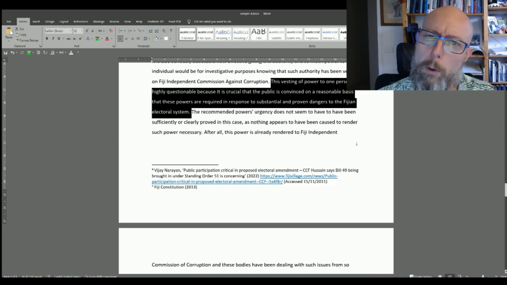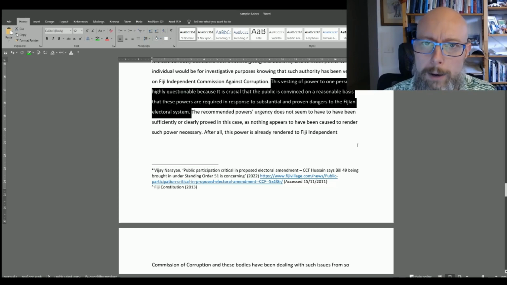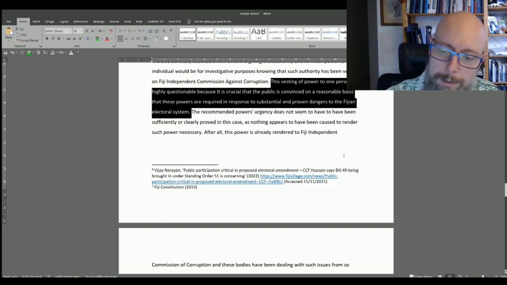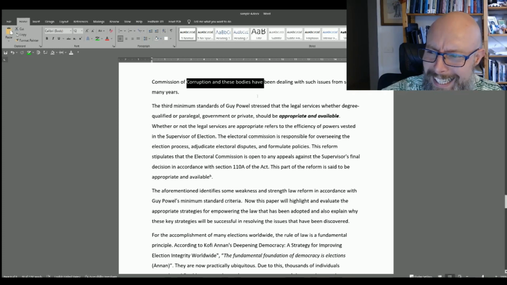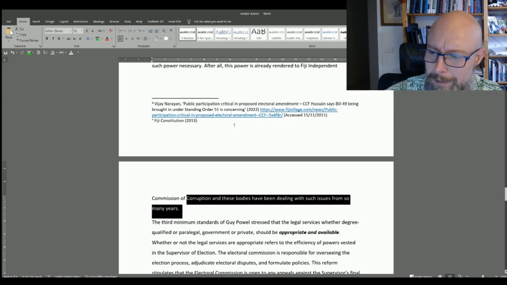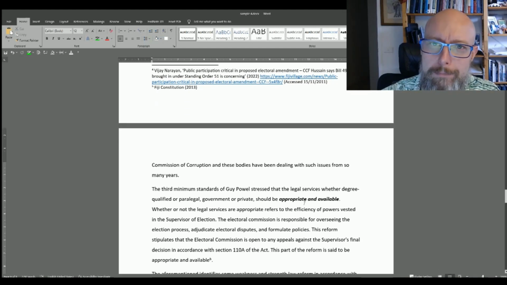I mean, that's how all powers work. You could say that the power of the Chief Justice is extraordinary. No person should have that much power, or the President. I'm not seeing the argument clearly. I don't think the Commission Against Corruption has been dealing with electoral posters not going up at the right time, or parties not being registered or something. I just don't quite get that argument.